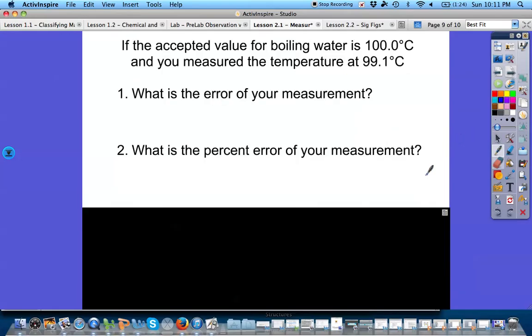So if the accepted value for boiling water is 100 degrees Celsius, and you measured the temperature to be 99.1 degrees Celsius, we want to determine the error of our measurement. So error equals experimental minus accepted.